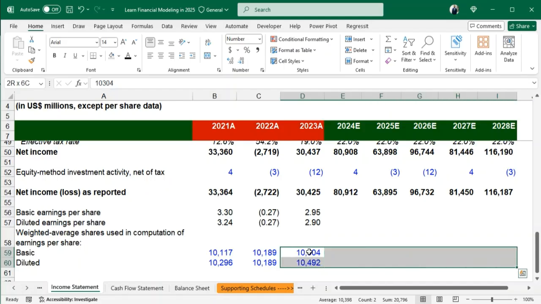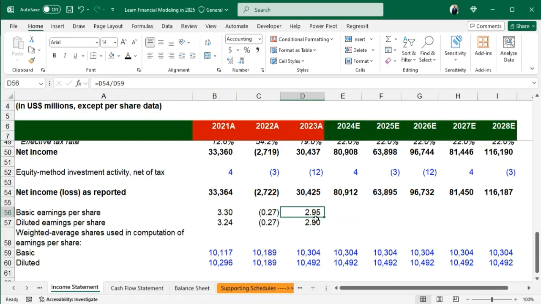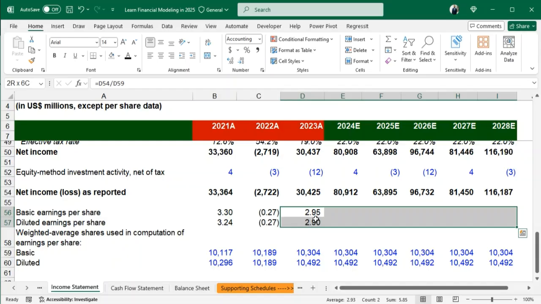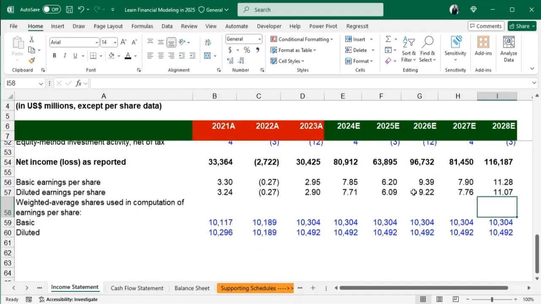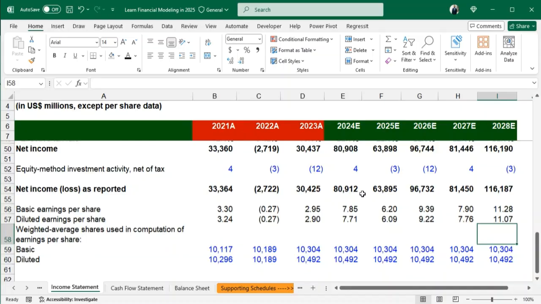So I'm going to copy this to the right using Control R. And then we can calculate our earnings per share, which I will copy the formula from here to the right so that we can obtain our earnings per share figures. All right, so this is how we can project our income statement, as simple as that.